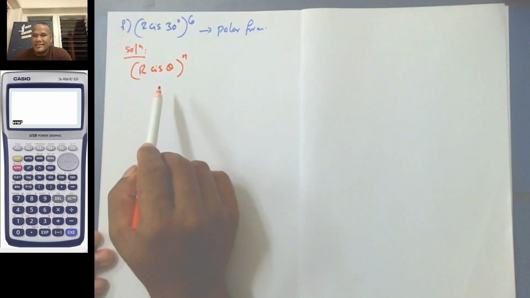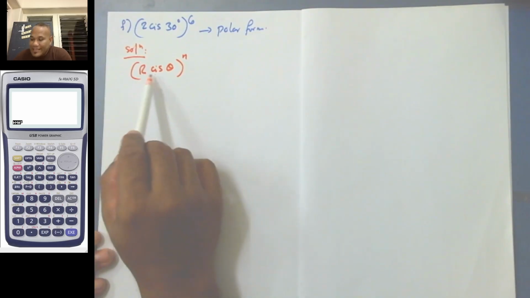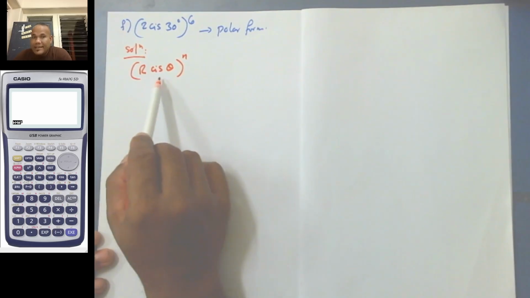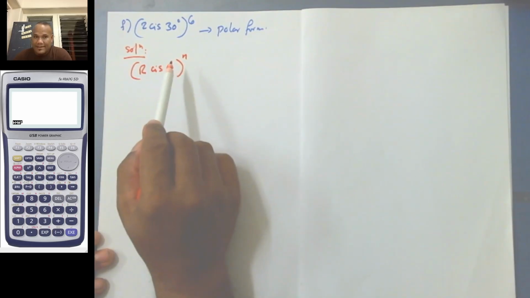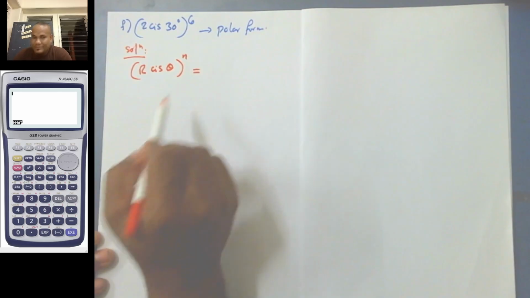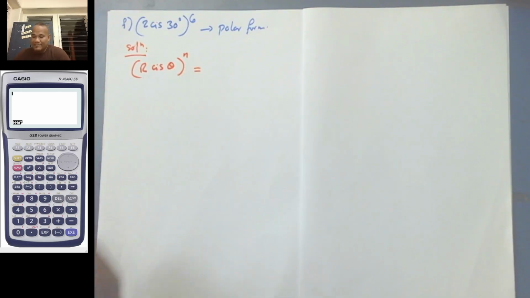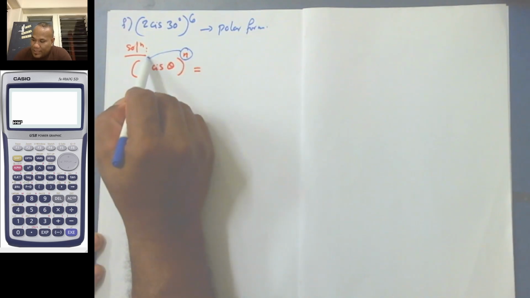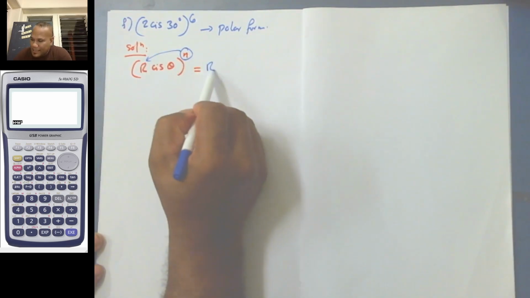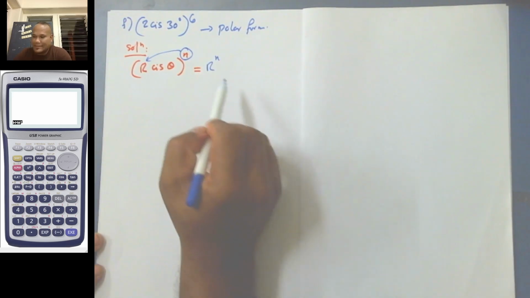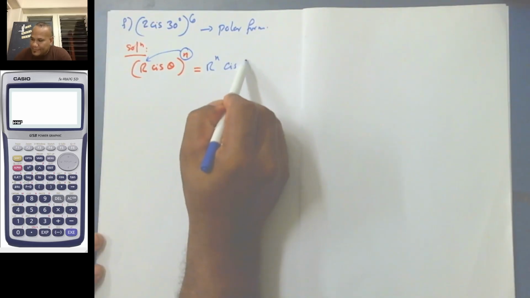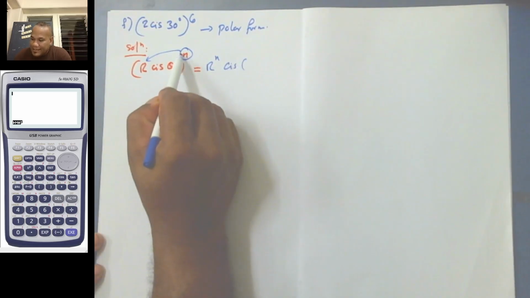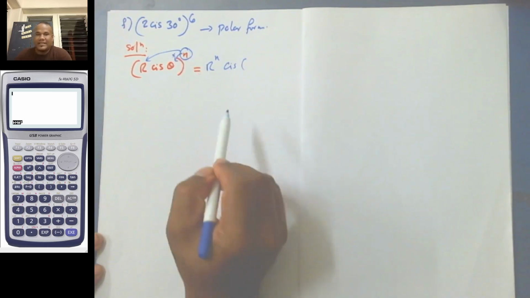De Moivre's theorem says that for any complex number raised to the power of n, we raise r to the power of n, and this n is multiplied to theta.